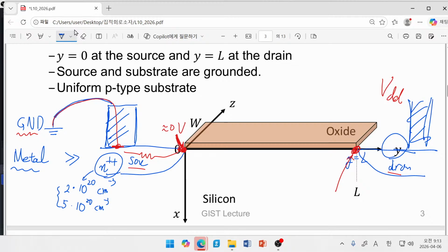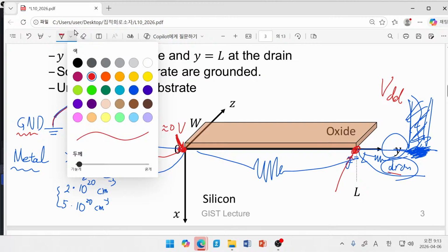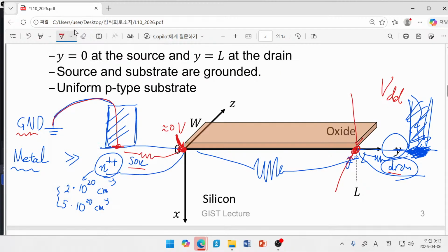We have applied VDD, so VDD voltage can be applied up to this metal and silicon interface, but we still have a relatively small resistance compared with the quite high resistance in the channel, so we can neglect the voltage drop occurring in this highly doped drain region. That's the reason why we can safely say that this point is also biased with VDD.